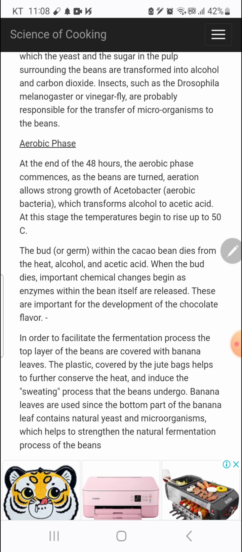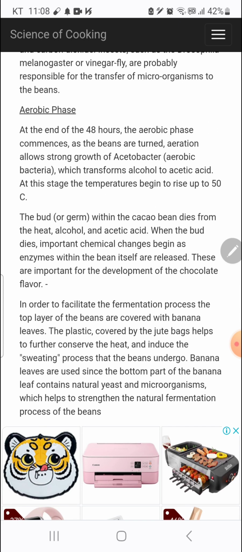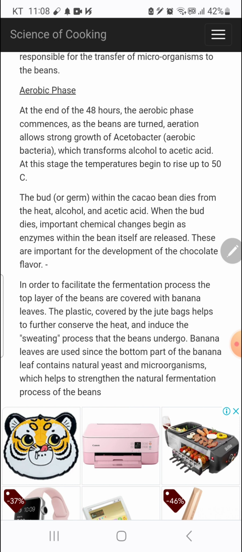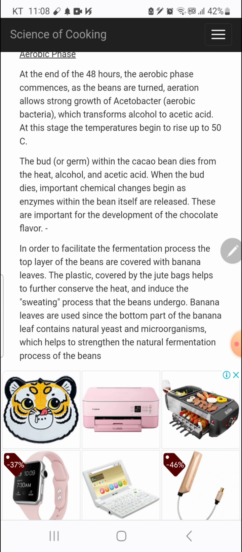As the beans are turned, aeration allows strong growth of acetobacter, aerobic bacteria which transform alcohol to acetic acid. At this stage, the temperatures begin to rise up to 50 degrees Celsius. That's quite high.